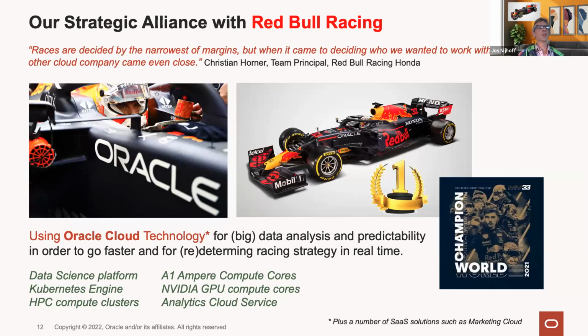And that's what they're doing with Oracle Cloud Infrastructure now, and they're even expanding that. And actually, they're saying, if you can find it in the news, that they have been helped enormously by Oracle's cloud technology in making the best decisions. And Red Bull Racing has been doing quite well in race strategy for most of the races.